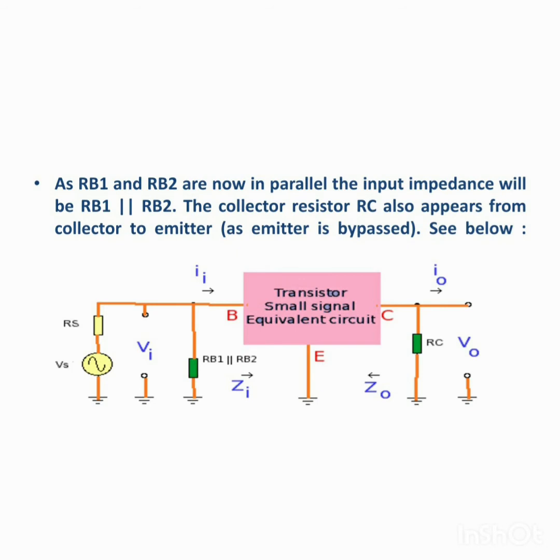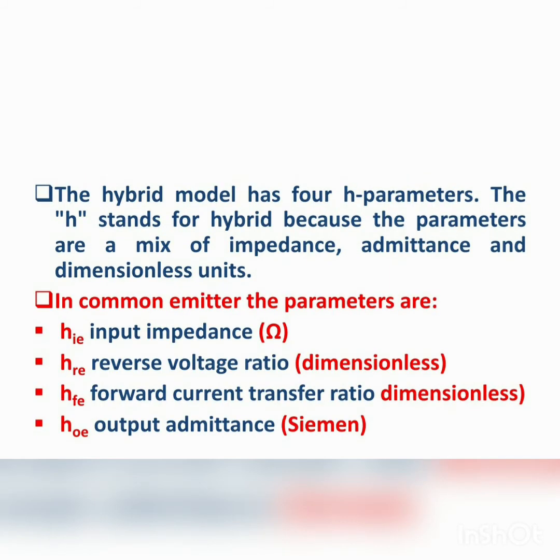The box indicates the transistor small signal equivalent circuit, and input current and output current are measured here. We have Vs as the input source voltage and Rs as the source resistance. So this will be the final equivalent circuit. Using this we can easily simplify the AC analysis.